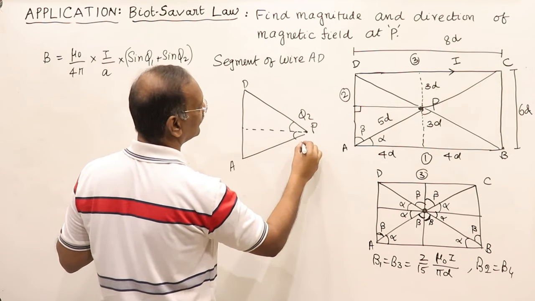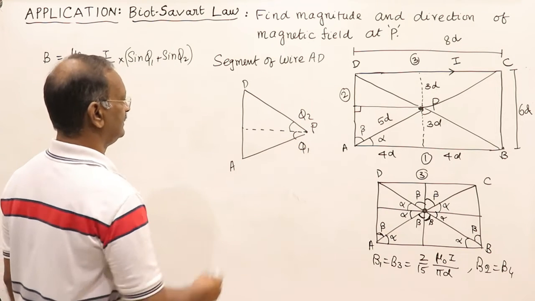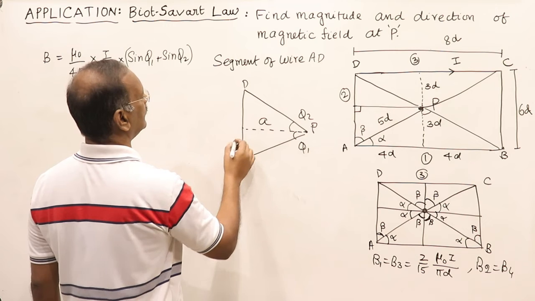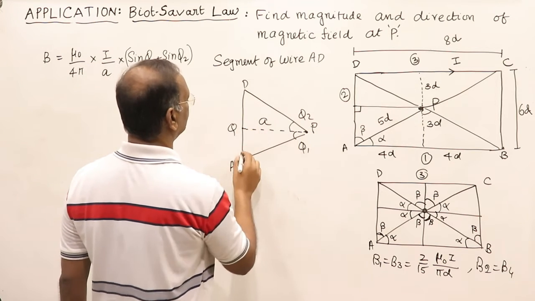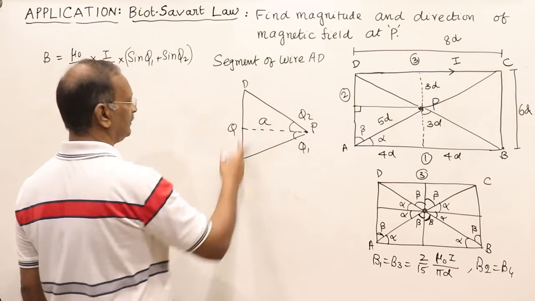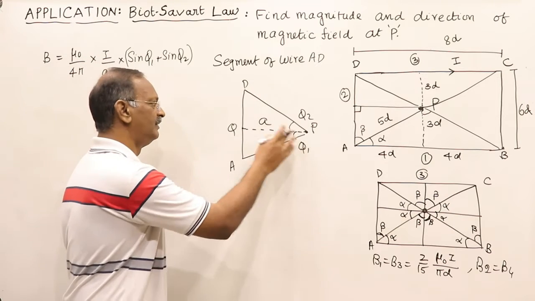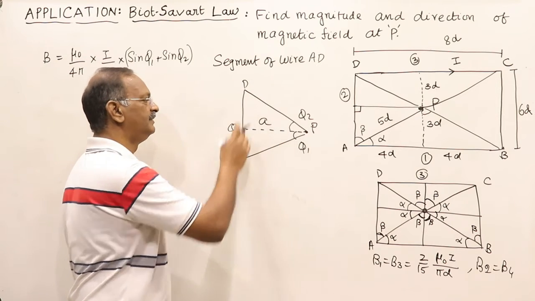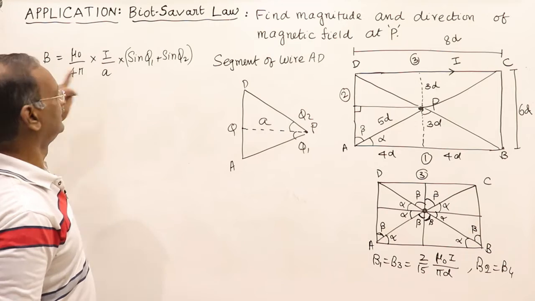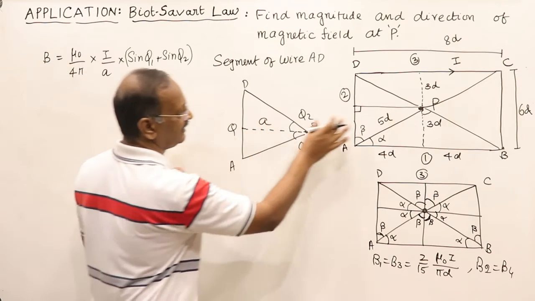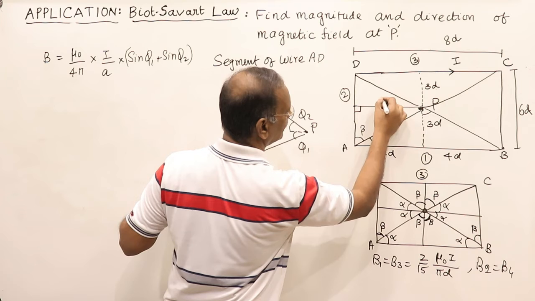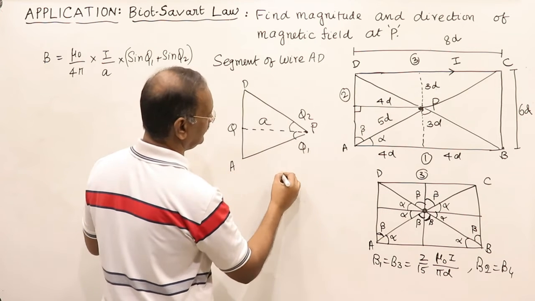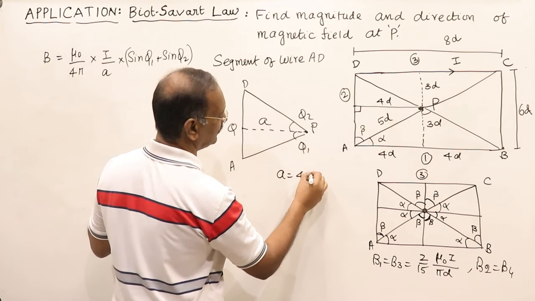This is phi 1, and this is A. And this is point Q. PQ is the perpendicular to wire AD, and A is the perpendicular distance of this point P with respect to the wire. What is A? This portion is A. What is this? It is 4D, so A is equal to 4D.